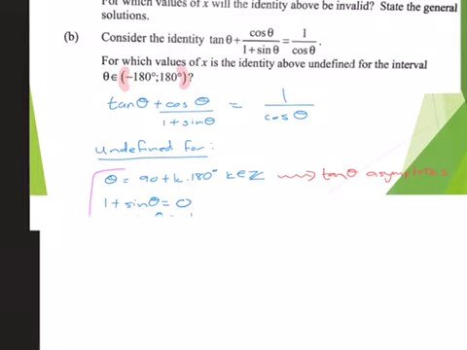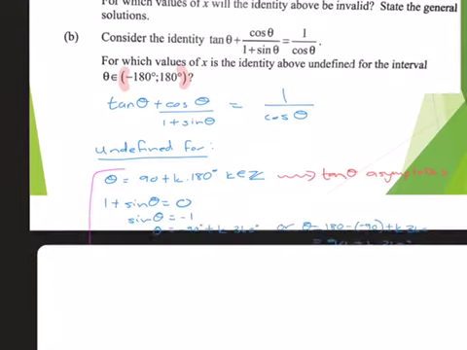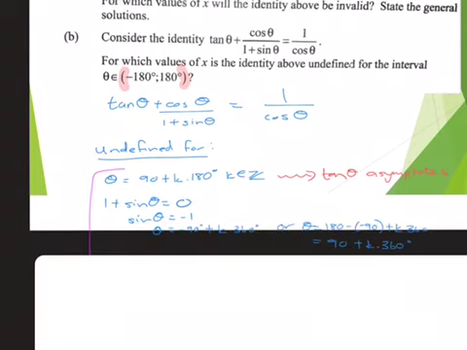Then we've got to think about 1 plus sine theta equal to 0. So I'm going to get my 1 across and make it negative, and then do my general solution. Shift sine in your calculator of negative 1 is negative 90 plus k360, or we're working with 180 minus that negative 90 plus k360, which gets you 90 plus k360.